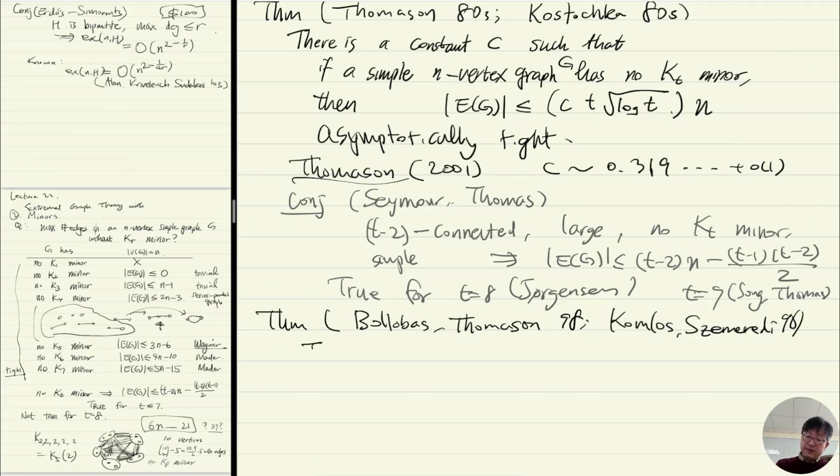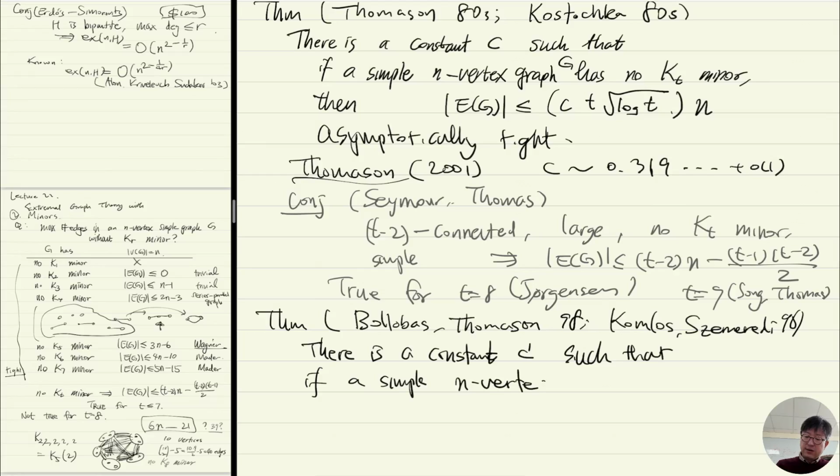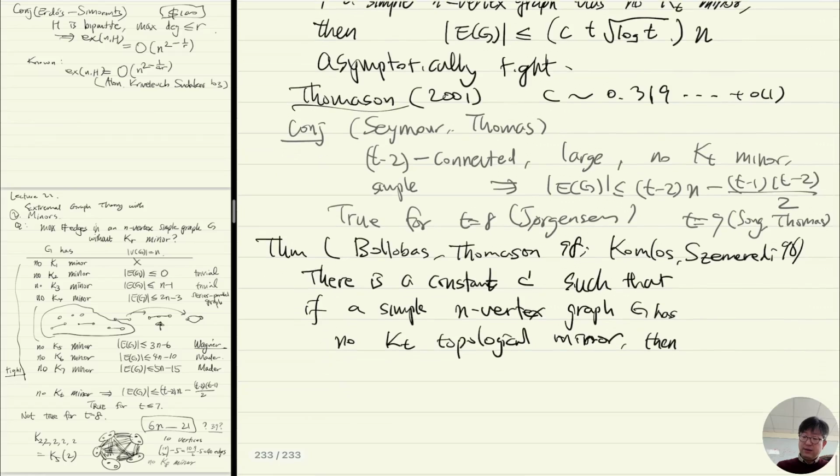They proved that there is a constant c prime such that if a simple n vertex graph G has no Kt topological minor, then the number of edges is at most c prime times t squared.